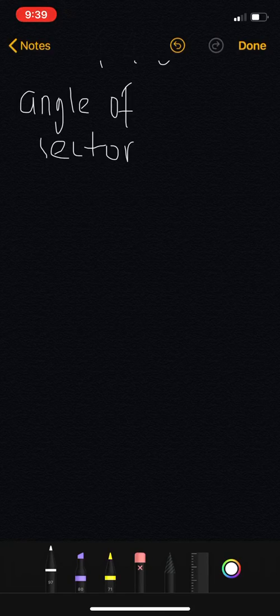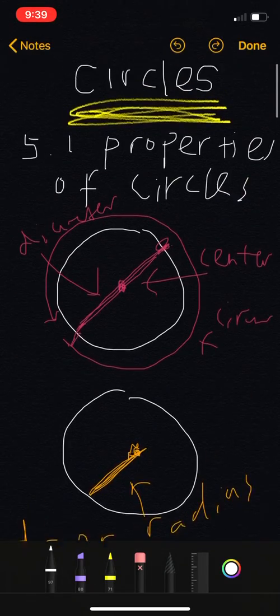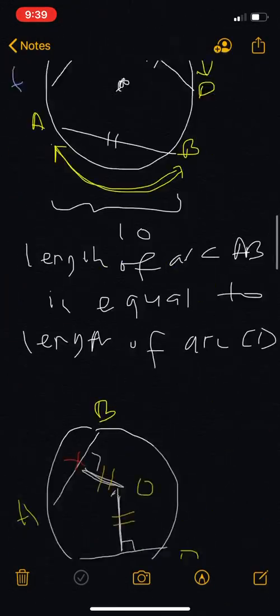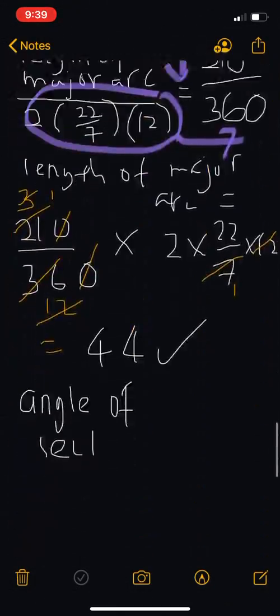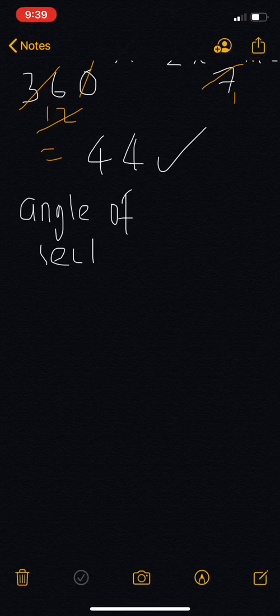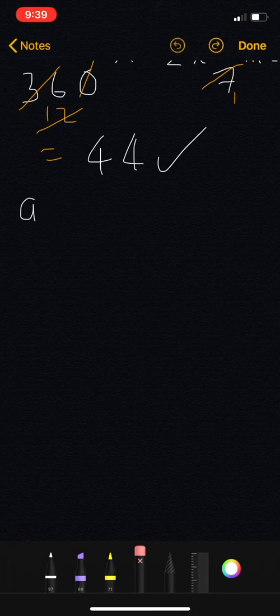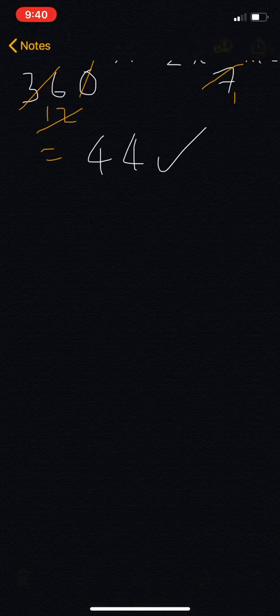The formula given to you is angle of sector divided by the... I'm so sorry, not angle, sorry guys. It's not the angle, it is the area. Okay, sorry.